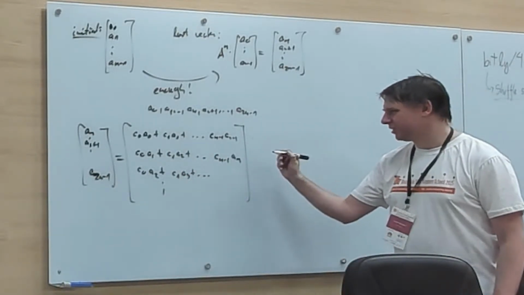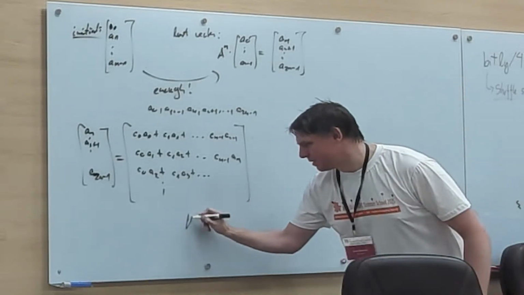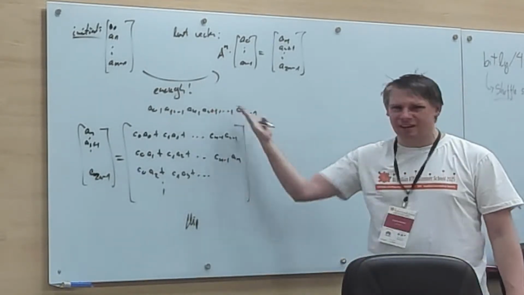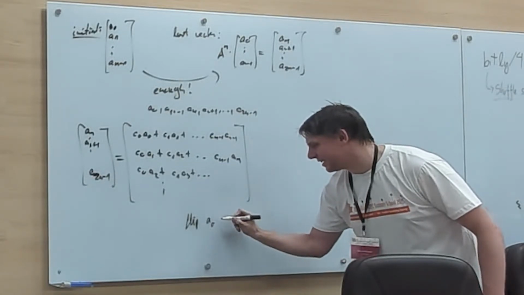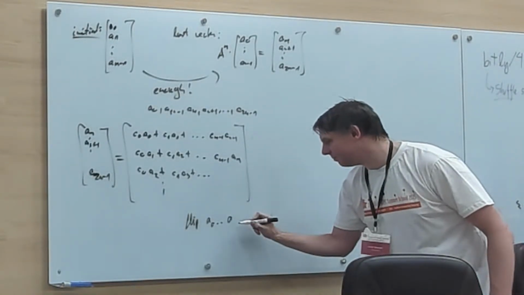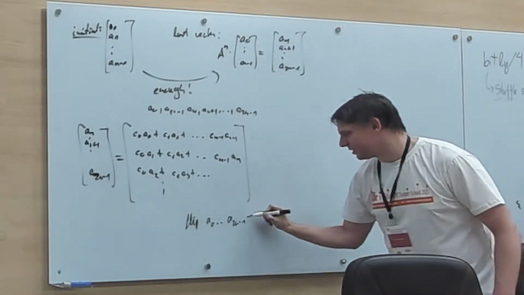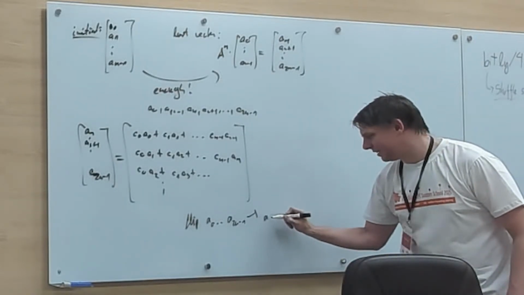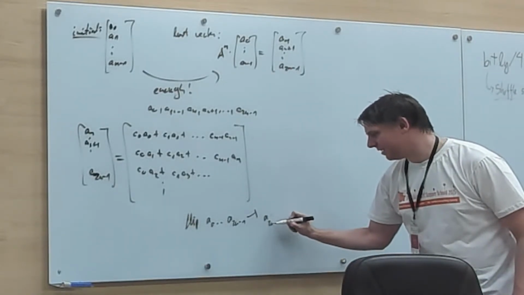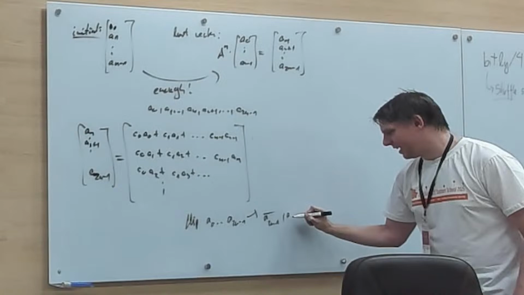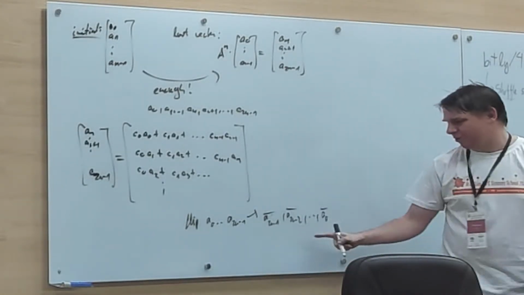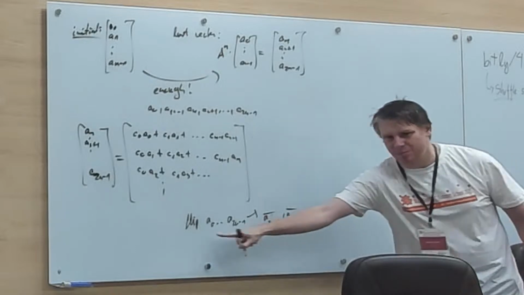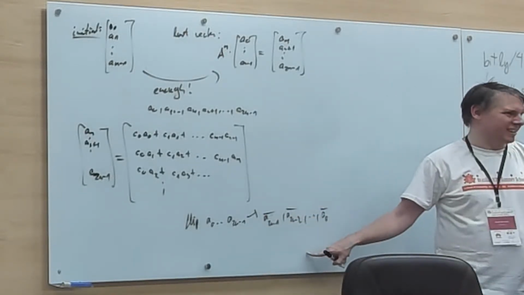Let's say compute in reverse order, this a0 and so on, a(2n-1), such that it is a(2n-1), a(2n-2), and so on, a0. These will be the same numbers, I just reversed the indexing.